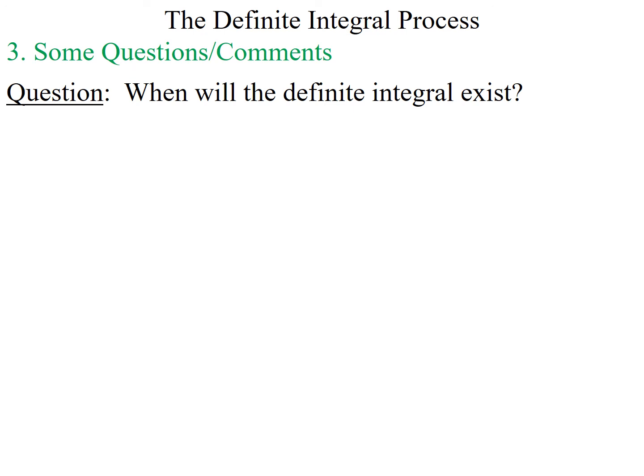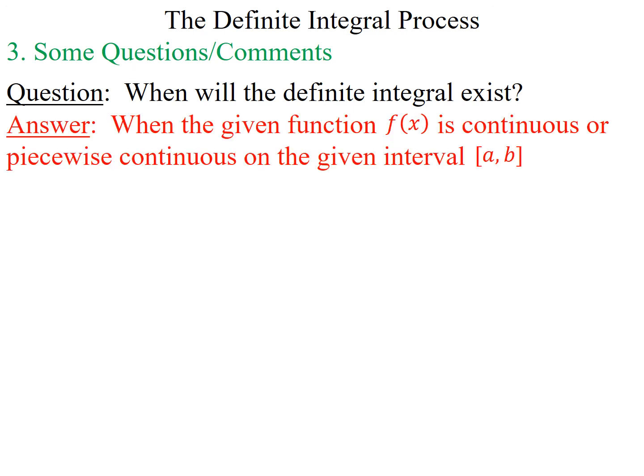If you don't know what continuous means, let me go ahead and show you the answer real quick. When the function is continuous or piecewise continuous on the interval AB, the ones we're going to see in the class are basically going to just be continuous, so we don't even have to worry about piecewise continuous. But if it's continuous or piecewise continuous, for sure the definite integral will exist. Or another way to say it is the limit of the Riemann sums will exist, and it will exist no matter what points you use for the xi stars.